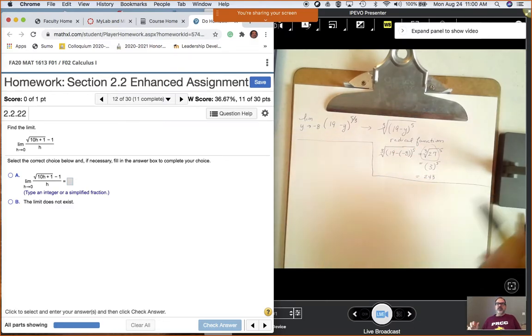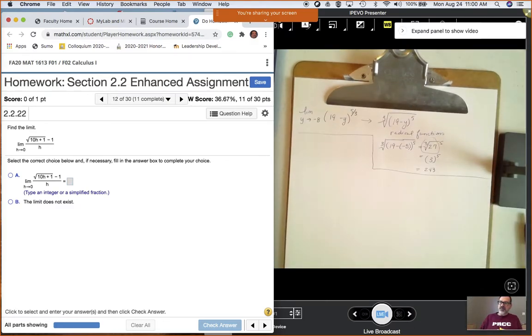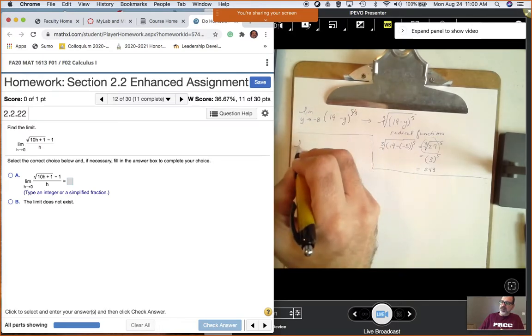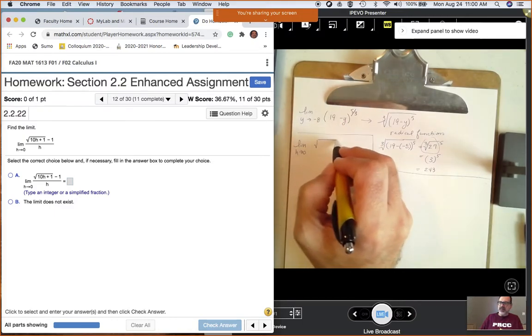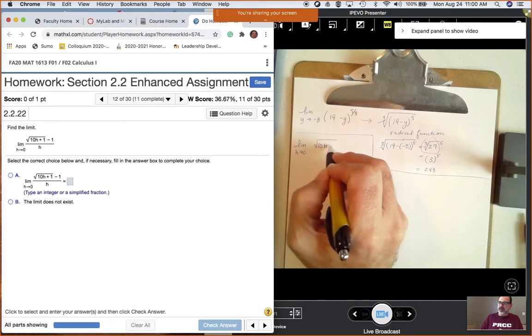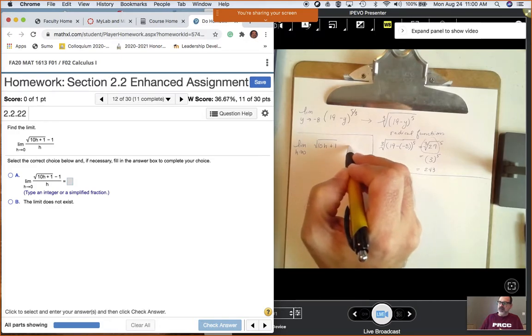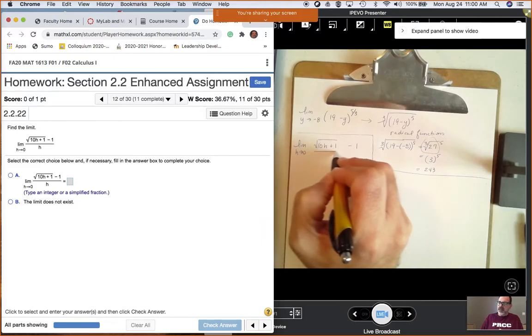Okay. So the next question is asking me to find the limit as h approaches 0 of the function square root of 10h plus 1, minus a 1 that's not under the square root, all over h.